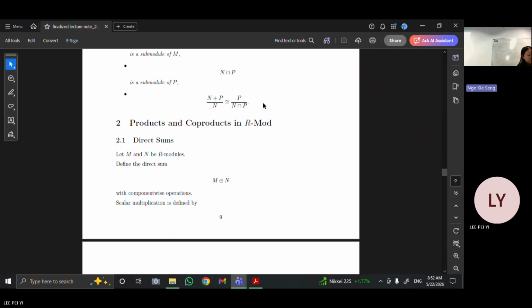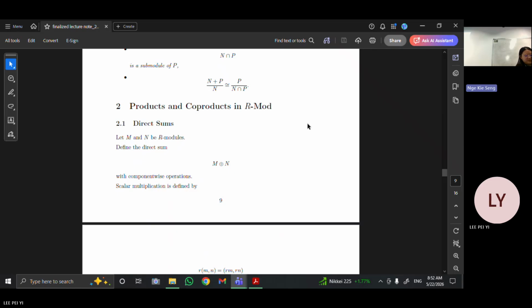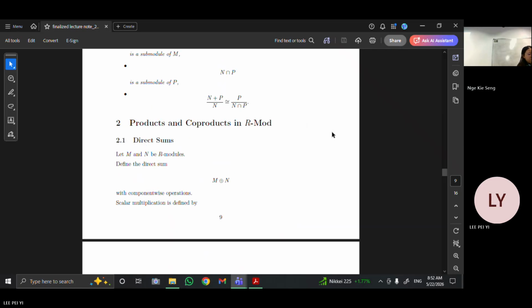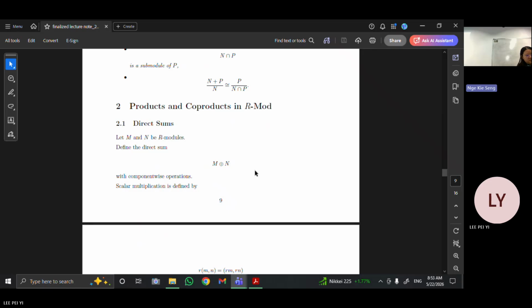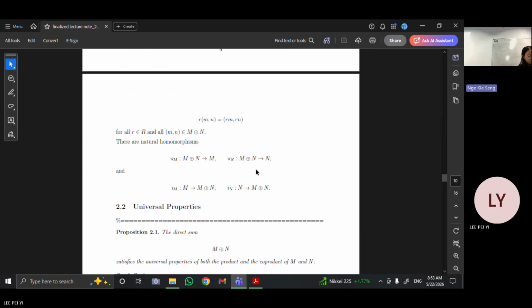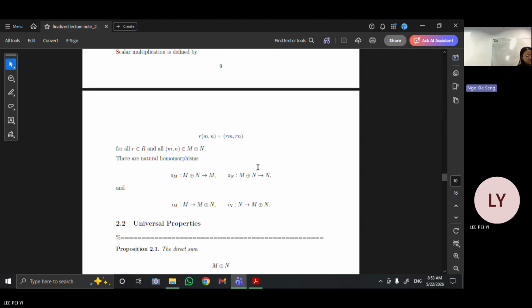So the next section is product and co-product in R-Mod. For the direct sum, we let M and N be R-modules, and we define M ⊕ N. The operations are defined component-wise, and the elements of the direct sum are ordered pairs.